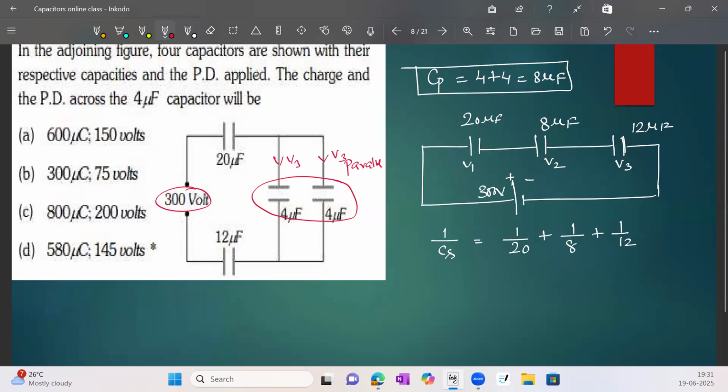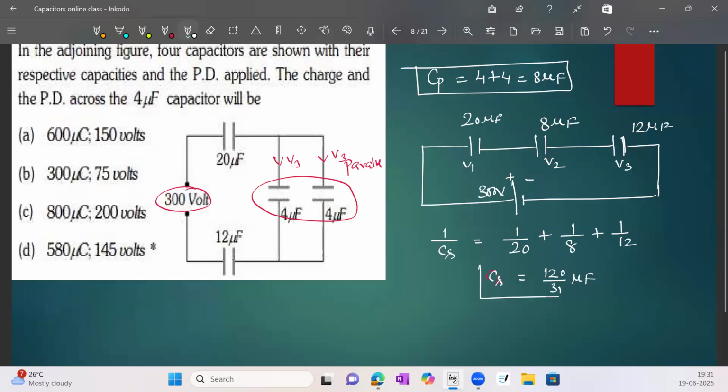So 28 and 12. If you calculate, it becomes Cs equals, after doing the calculation part, 120 by 31 microfarad.